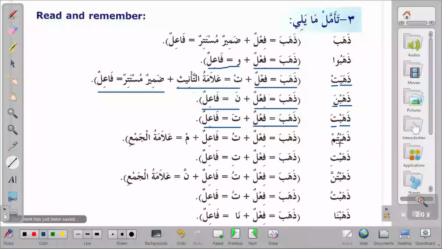Now zahabtum, the same way. But here you have to be careful. You have to be very careful. Zahaba is the verb, and then this ta is the doer. Not tum. The ta is the doer. Yes, that's what I'm saying.